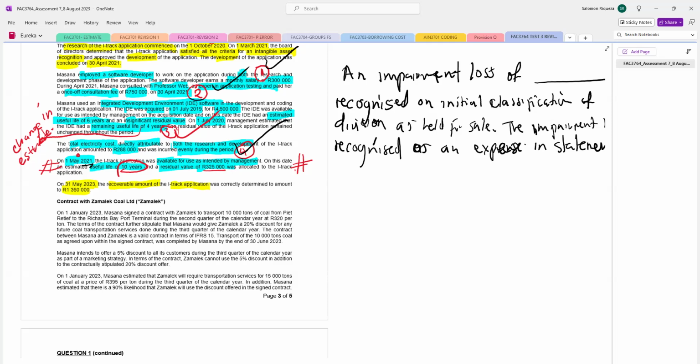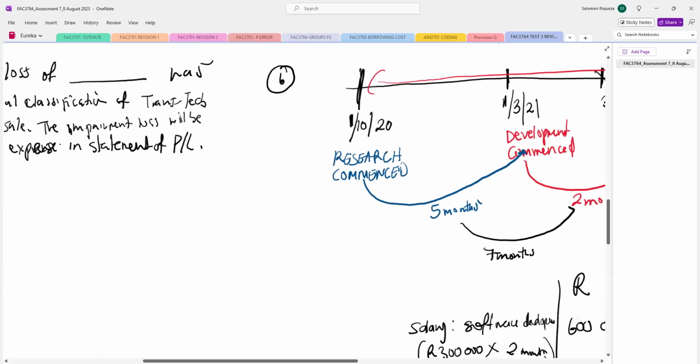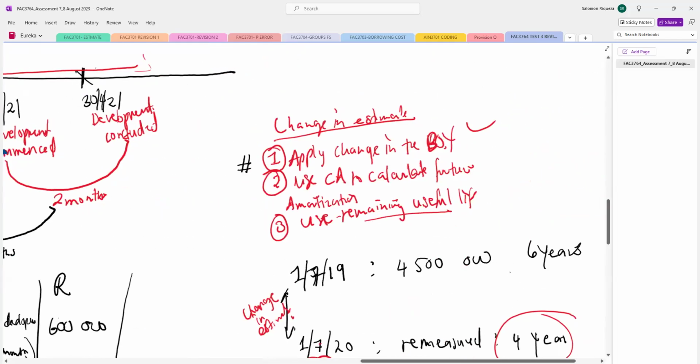So if the change is made on the 30th of June 2020, are we required to calculate the carrying amount at the year end? No, you must always go back to the beginning. Always. That's the principle. Remember, I even put the rules. Always apply the change at the beginning of the year, even if they gave it to me at the end of the year.